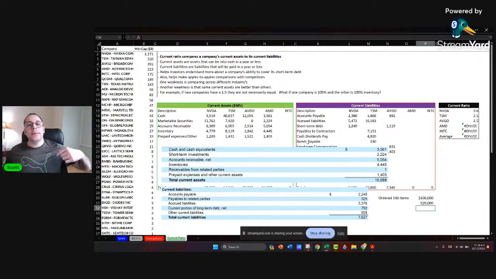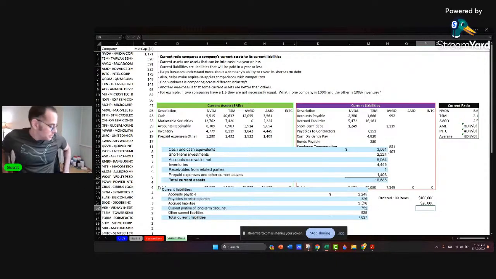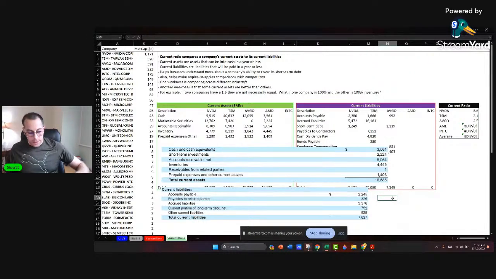So when you actually spend money, when money goes out the door, you have to book the asset. But when you receive money from a customer, you don't put it as an asset, you put it as a liability until you complete the order, which sounds weird. So if it was the exact opposite, you are supplying the product to the customer and your customer ordered $100,000 and you asked for a $20,000 upfront payment, you will put it as a liability.